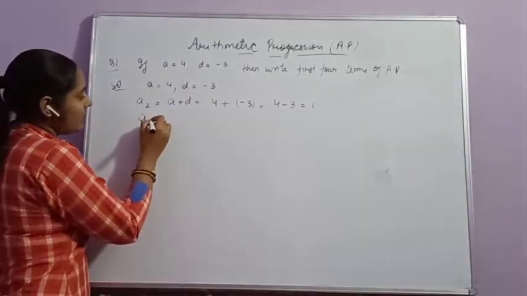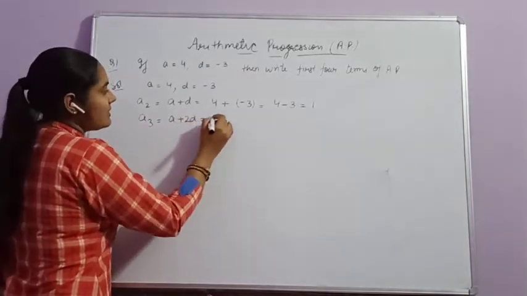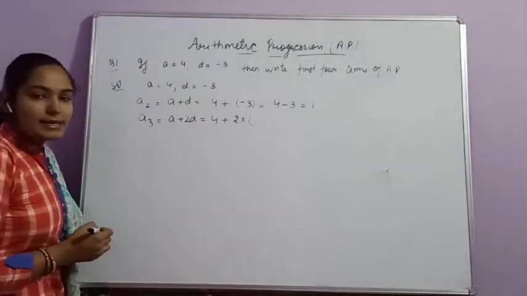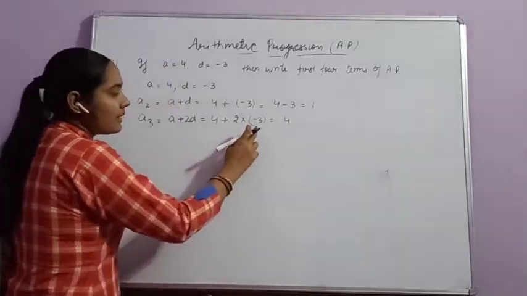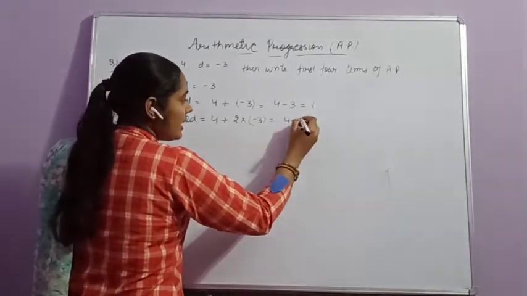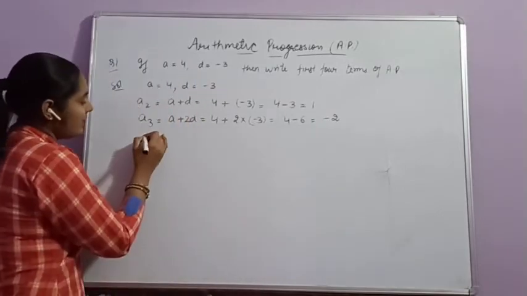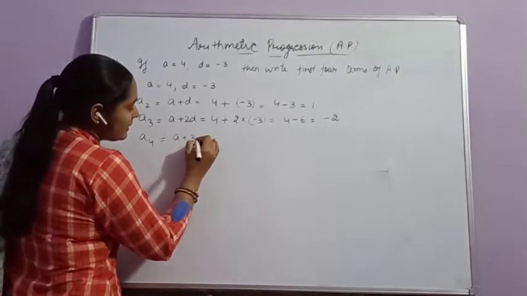Similarly, A3 is equal to A plus 2D. A is 4 plus 2 multiplied with D. D is equal to minus 3. 4 plus minus 2 3s are 6. That is equal to minus 2. Similarly, A4 is equal to A plus 3D.